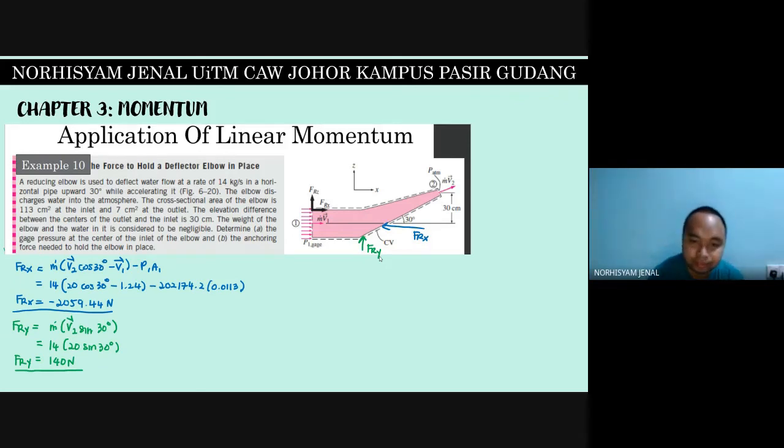Right, next, usually the anchoring force, meaning we need to find out what is FR. So to find out FR, as usual, we calculate using the equation just now. So FR is equal to the square root of FRX squared plus FRY squared, which is negative 2059.4 squared plus 140 squared.